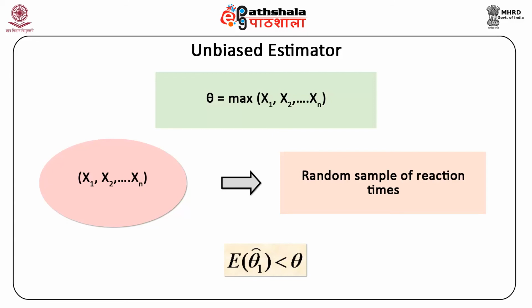Since the estimator will never overestimate, as the largest sample value cannot be larger than the largest population value by logic, it will in general underestimate theta.